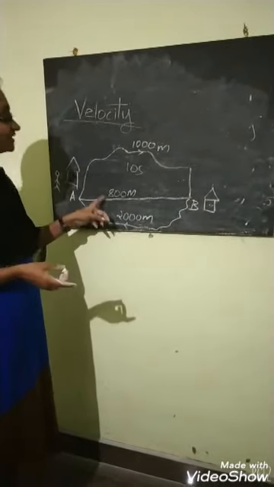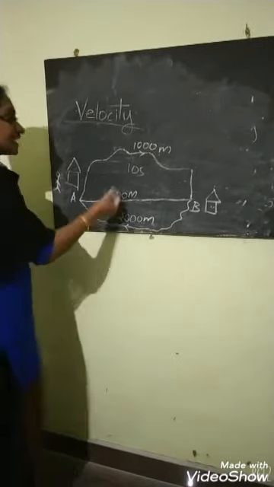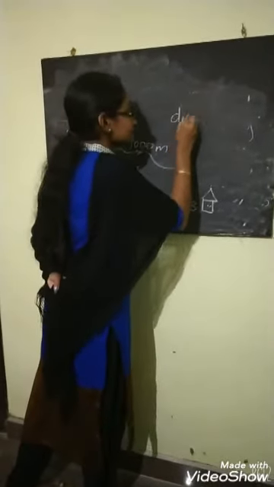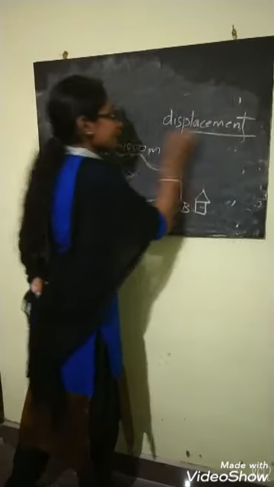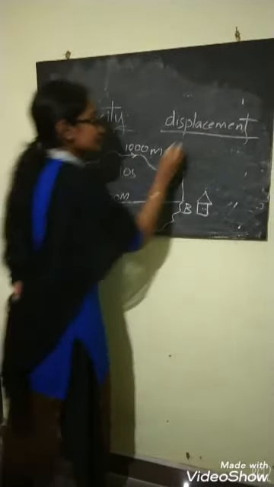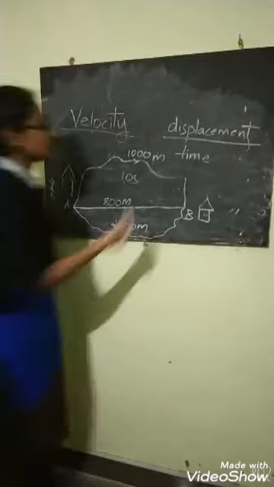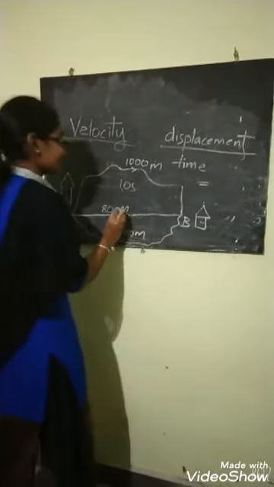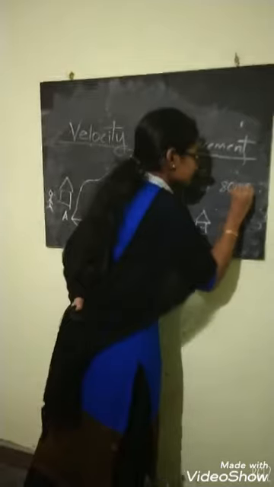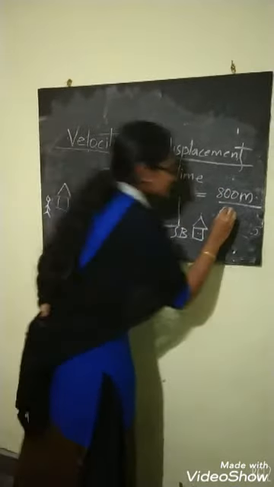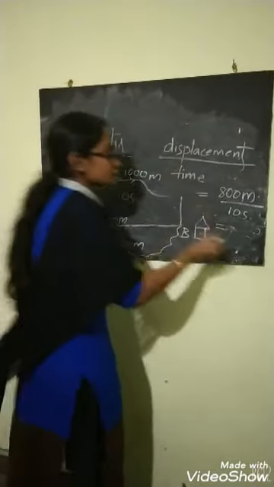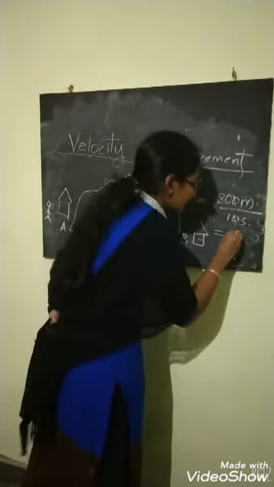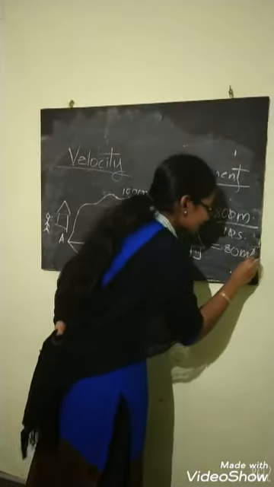Now we are dividing that displacement by this time. Displacement by time. Then what do we get? It is equal to 800 meter by 10 second, that is equal to 80 meter per second.